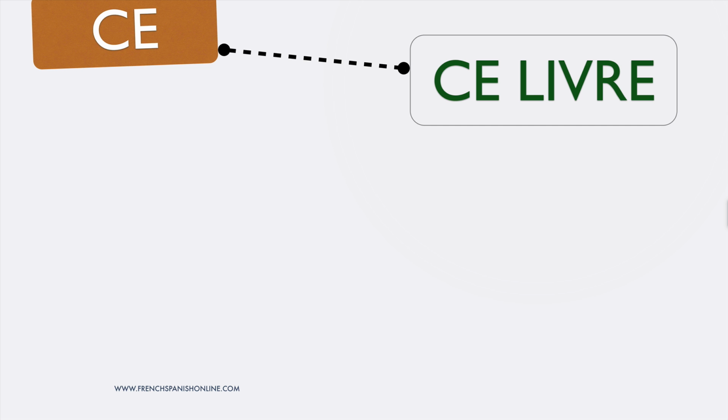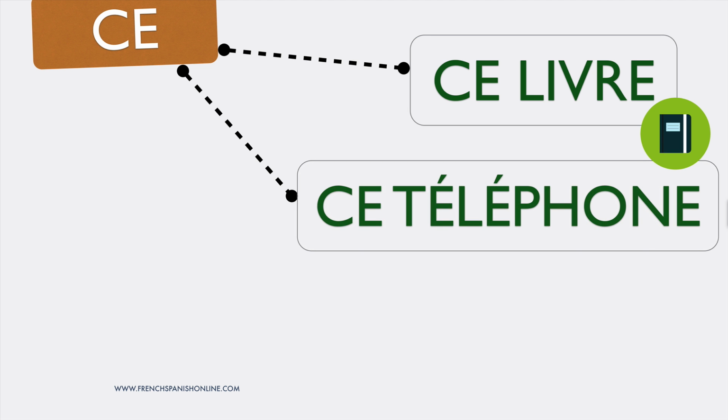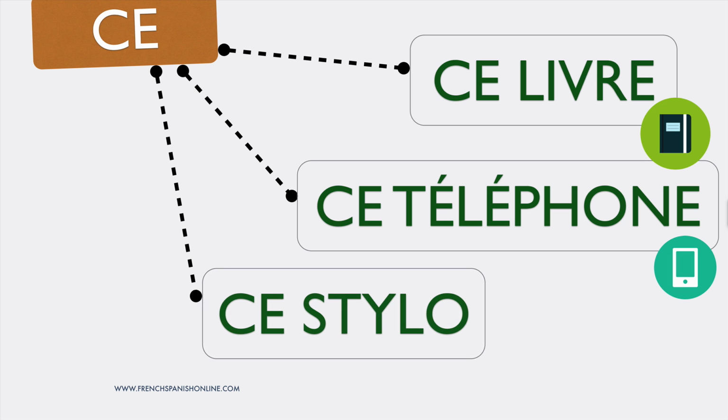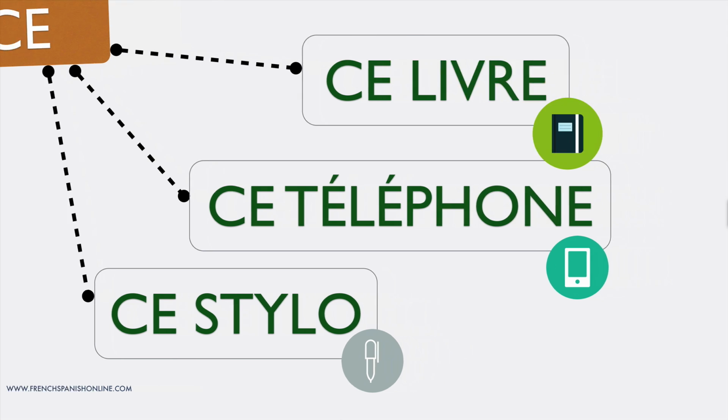Another example with phone, téléphone in French, this or that phone is ce téléphone. And finally, ce stylo, this pen, to translate this or that pen. So this is the first word, and as you can see, ce is the translation of that and this.